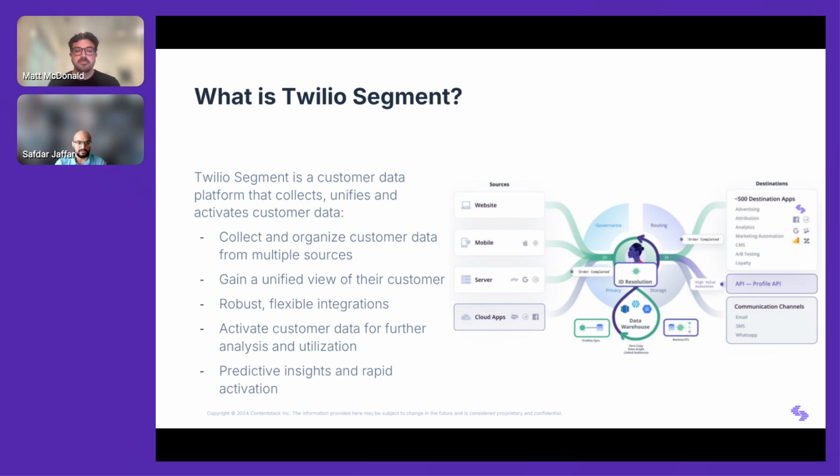A lot of the challenges that Twilio solves is standardizing this data collection, developing a trusted customer profile, and then giving businesses the ability to quickly activate the data in downstream tools and to adapt to the customer's needs, the customer's behaviors and preferences and interactions with the brand.